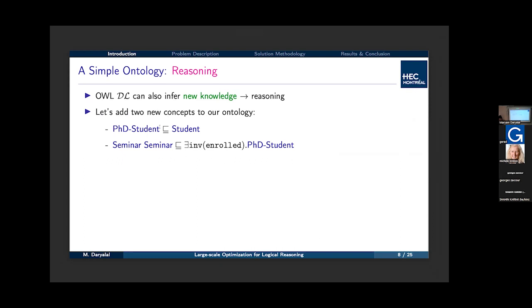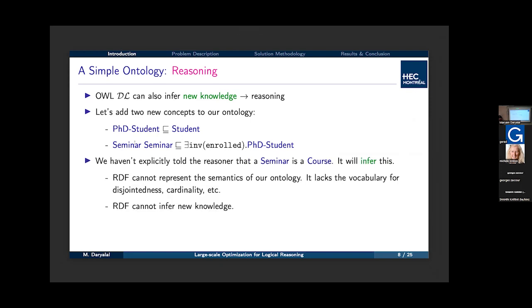Naturally a PhD student is also a student, so I add this axiom as well. I also add another concept, seminar, and this axiom for it: a seminar at our department is something that a PhD student is enrolled in. I'm representing this using our language.